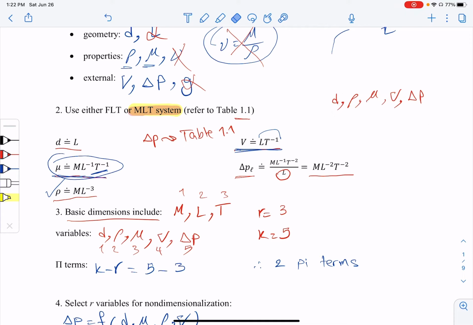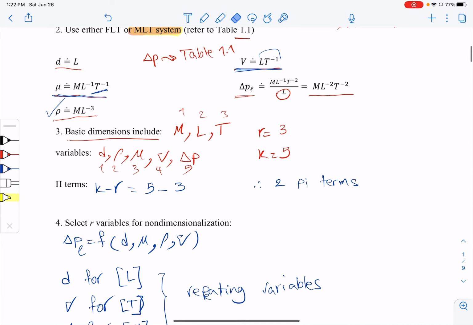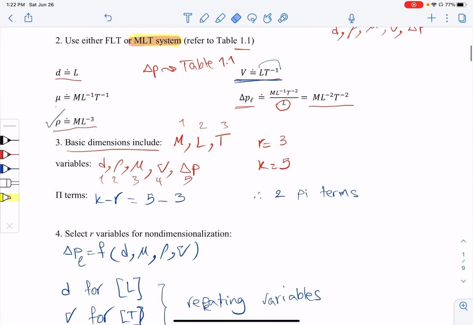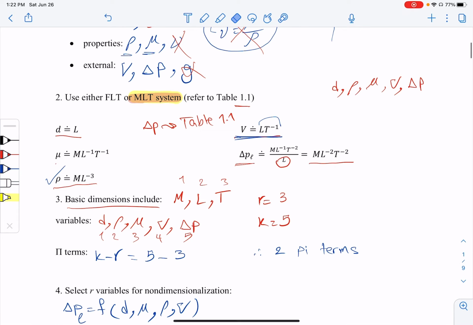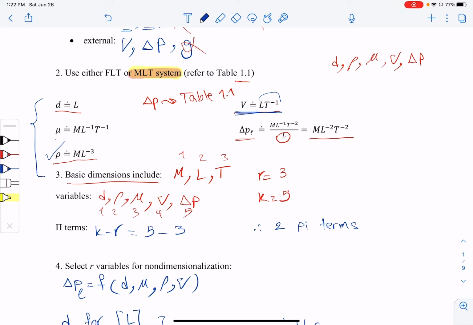Now, if we go to the next step, we also need to consider all of the dimensions for the variables that we have. So we have D, we know the dimension is length. We're also going to provide all of the dimensions in the exam. So for viscosity, we also have that. For density, we have that.